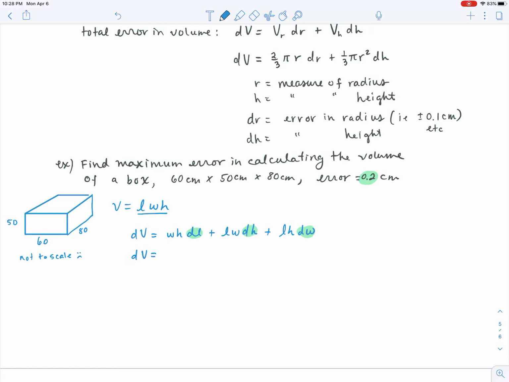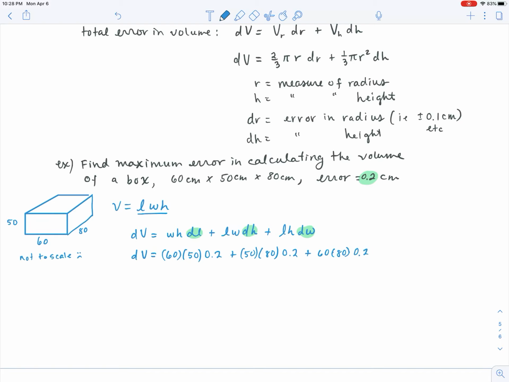So the total error in calculating the volume is going to be 60 times 50 times 0.2, plus 50 times 80 times 0.2, plus 60 times 80 times 0.2.